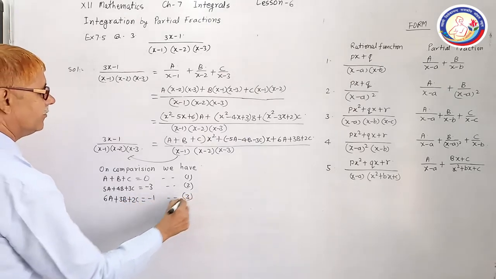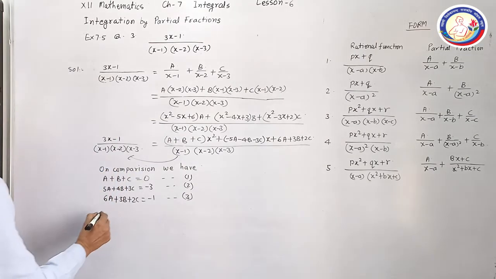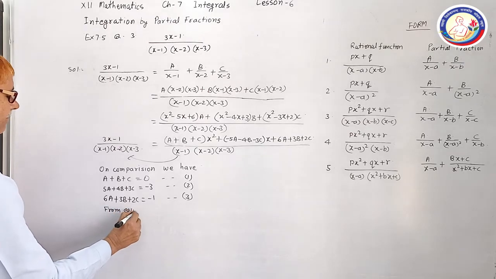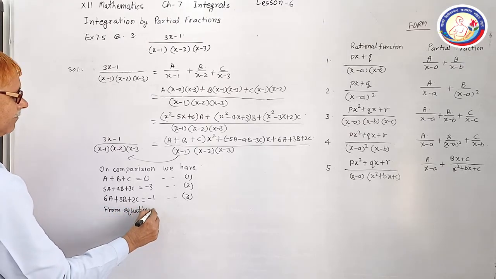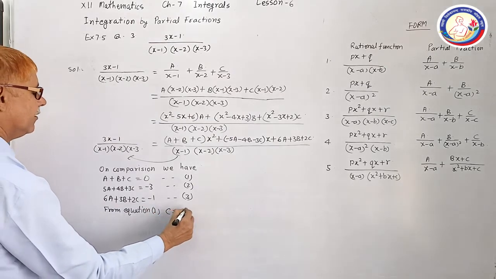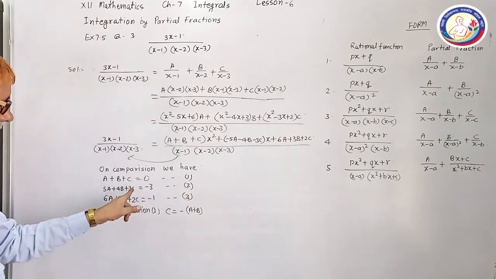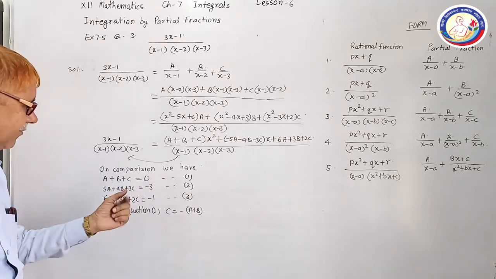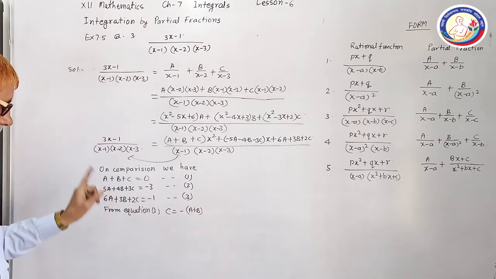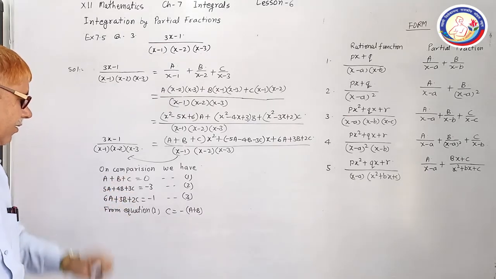These are three equations. Now solve these three equations. From equation 1, C is equal to minus A minus B. If we put the value of C from equation 1 into 2 and 3, then we will have two new equations in A and B only.